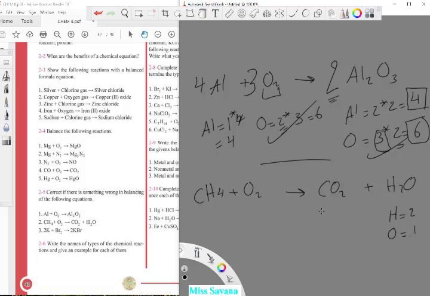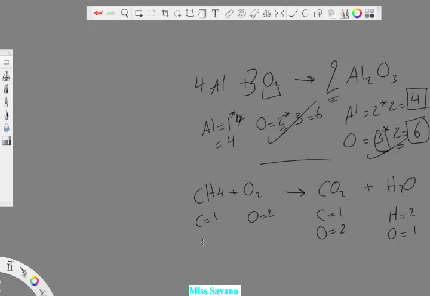The carbon here is 1 and the oxygen here is 2. Now the oxygen here is 2 and the carbon here is 1. Now the hydrogen here is 4. So I have a problem. Why? Because my hydrogen here is higher and also my oxygen is less.